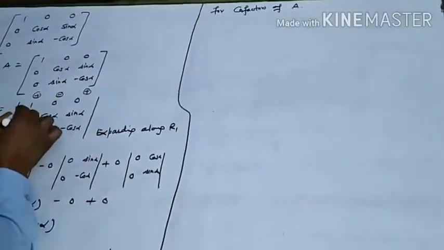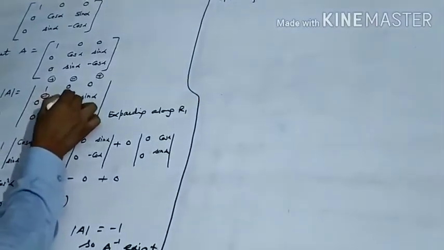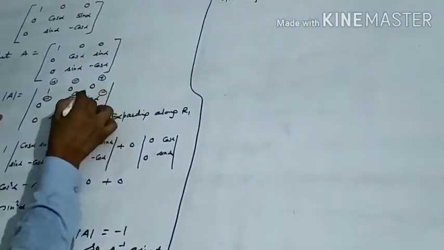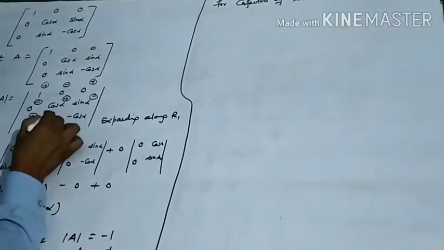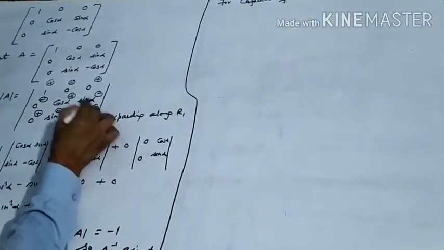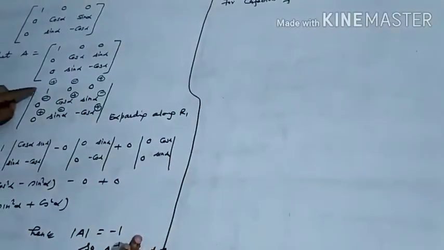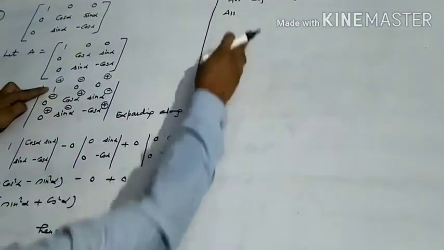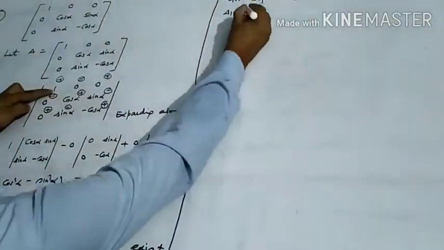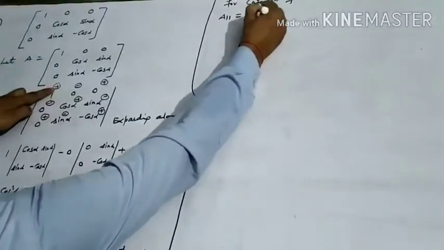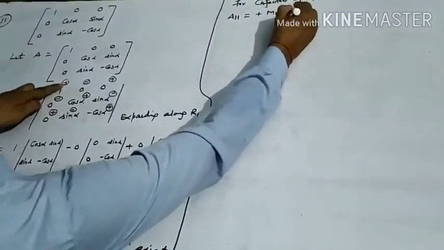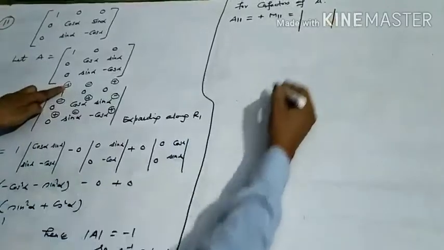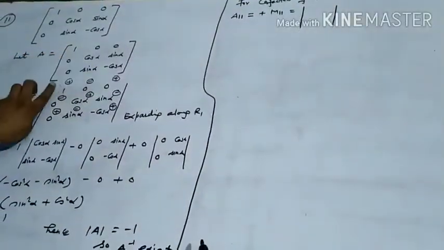again here we make the signs minus, plus, minus, plus, minus, plus, for writing the cofactors. So A11, the cofactor of the element of the first row and first column, is equal to minus 1 to the power 1 plus 1, which is plus, times the minor of the element of the first row and first column, obtained after leaving the first row and first column.